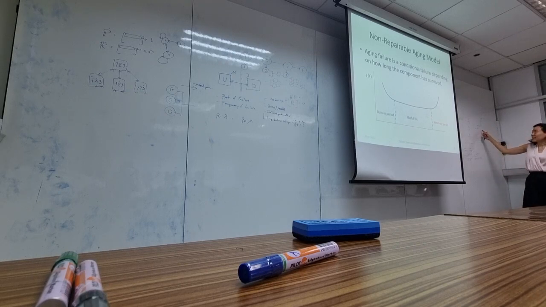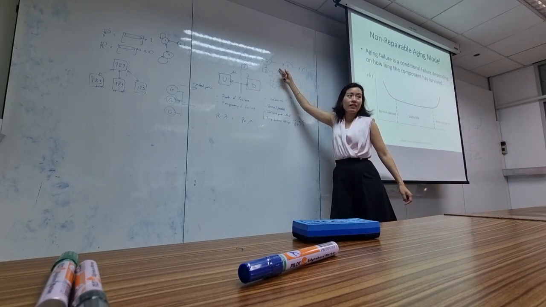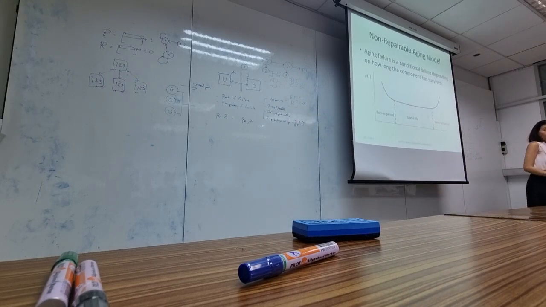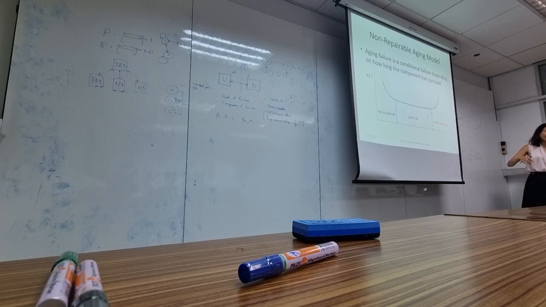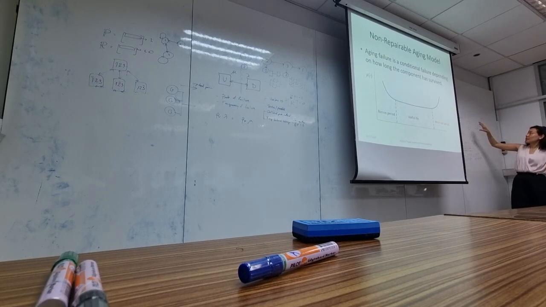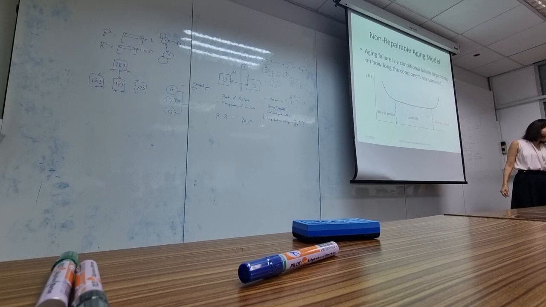So it means that at some point the transition will jump, and that's how you represent it with this kind of model. So that is how we simplify this kind of wear-out period with the step function of the transition diagram.